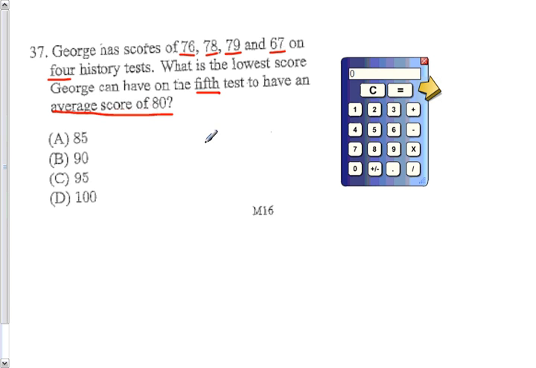Let's talk about a couple of things in here to try to figure out where we need to be. He's going to have some total number of his test scores. We'll put some number up here. He's going to divide that by his 5 scores, and he wants that to equal an 80 average.